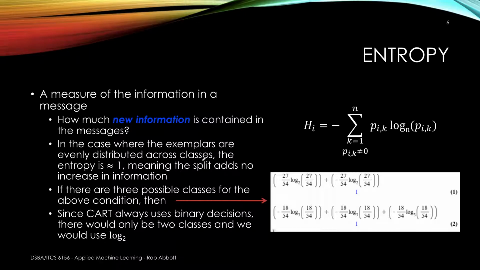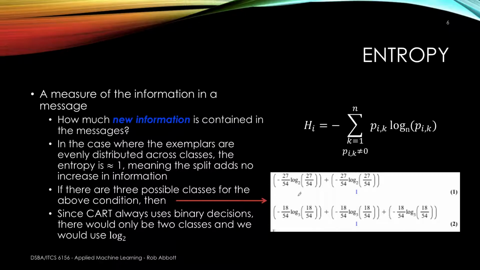So if it's evenly distributed across the classes, the entropy is approximately 1, meaning that the split adds no increase in information. So in that case, doing that comparison would yield no knowledge whatsoever. That would be the epitome of the worst possible split ever.